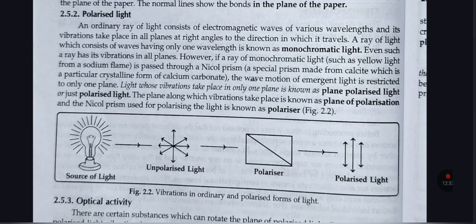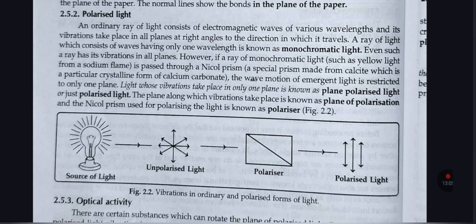However, if a ray of monochromatic light such as yellow light from a sodium flame is passed through a nicol prism, a special prism made from calcite, which is a particular crystalline form of calcium carbonate, the wave motion of the emergent light is restricted to only one plane.